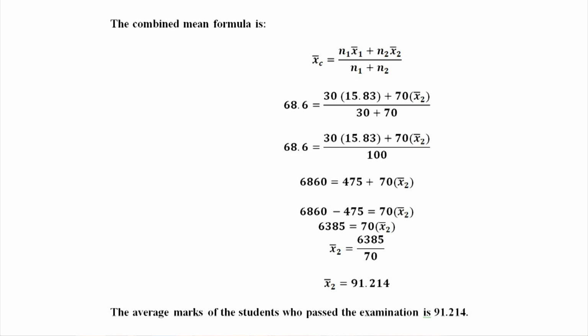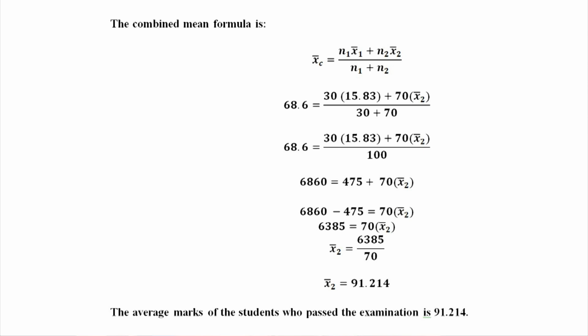That is, x bar c is equal to n1 x bar 1 plus n2 x bar 2 divided by n1 plus n2, which implies 68.6 is equal to 30 into 15.83 plus 70 x bar 2 divided by 30 plus 70, which implies 68.6 is equal to 30 into 15.83 plus 70 x bar 2 divided by 100, which implies 6860 is equal to 475 plus 70 x bar 2, which implies 6860 minus 475 is equal to 70 x bar 2, which implies 6385 is equal to 70 x bar 2.